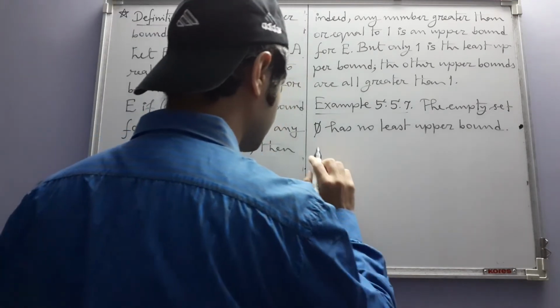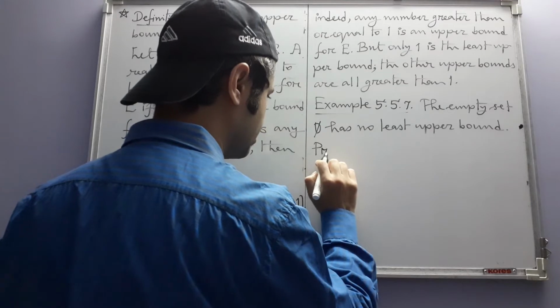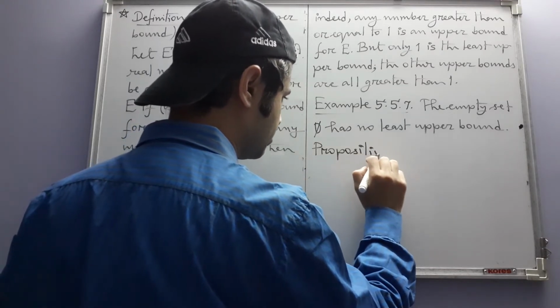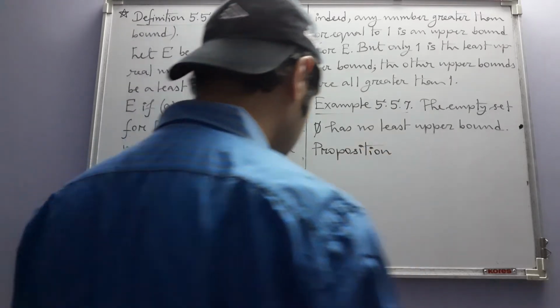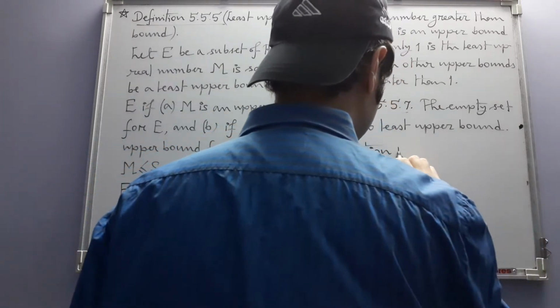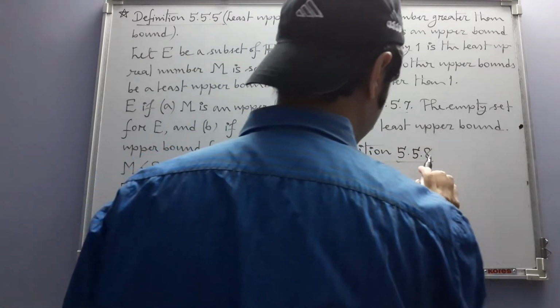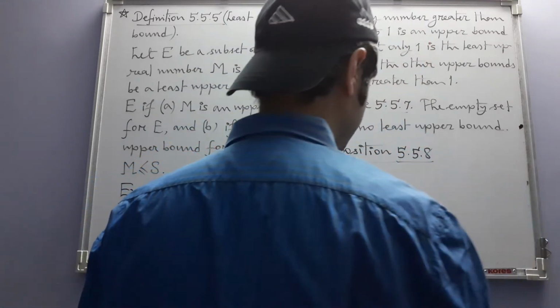Okay, now we come to the proposition which says that a set can have at most one least upper bound. Proposition 558. Uniqueness of least upper bound.